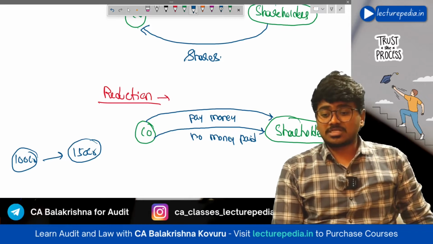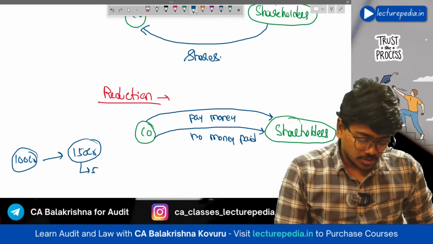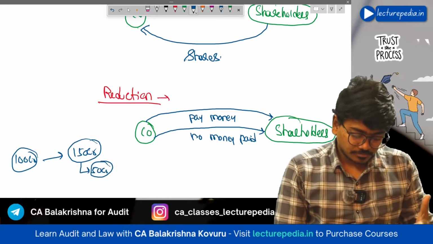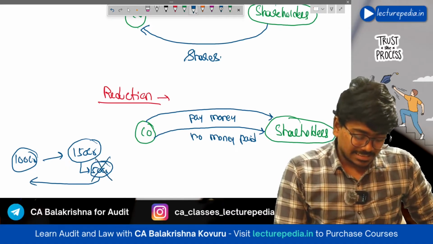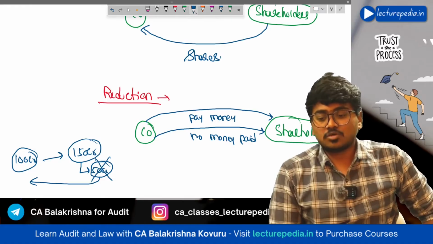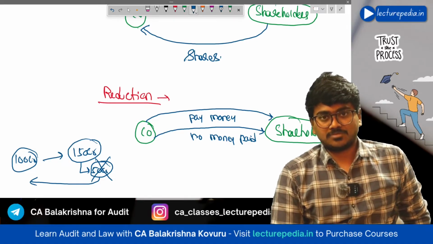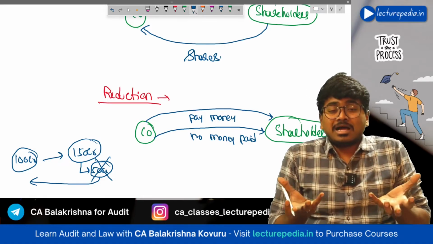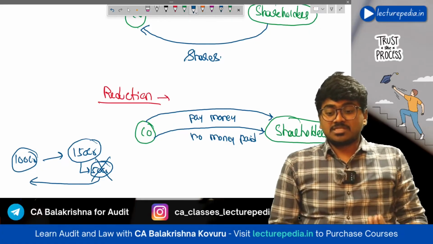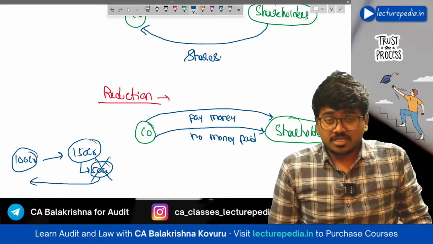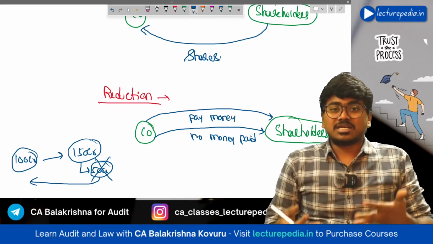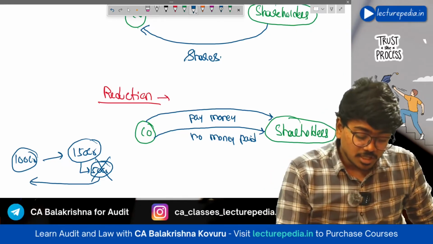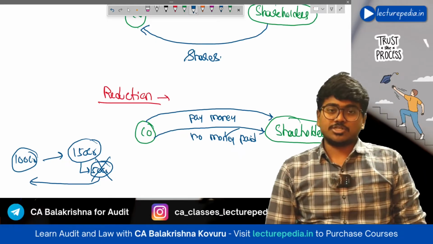So in this situation, for the balance 50 crore there is no respective asset, so it can simply cancel those shares. Since there are no assets with the company, this is one of the situations in which capital will be reduced. Reduction of capital will happen without payment of any money to the shareholders.